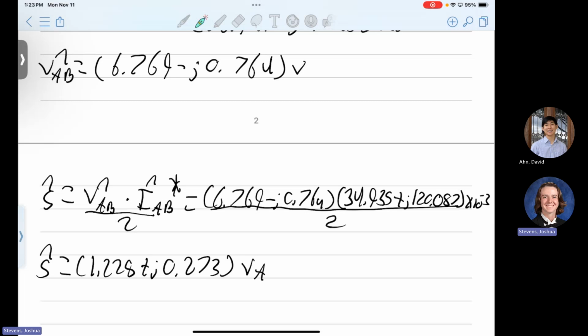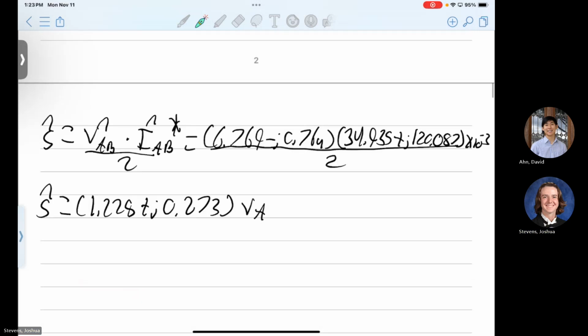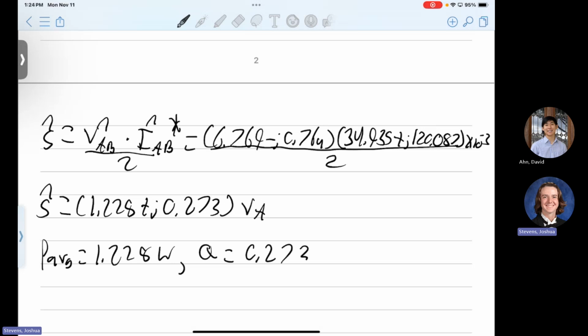Average power is simply the real part of S, and Q is the imaginary part of S. That means average power equals 1.228, and that is in what? Yes, watts. And Q is equal to 0.273, and that is in what? I agree, VARs.